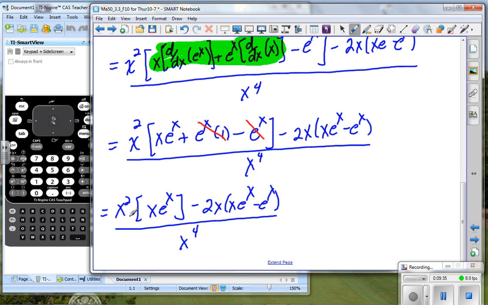Now if I combine these two, I could have x cubed e to the x, and I have minus 2x.